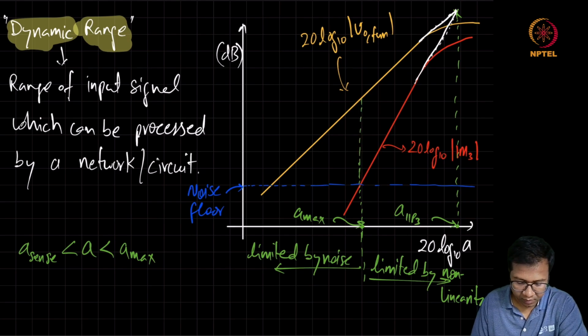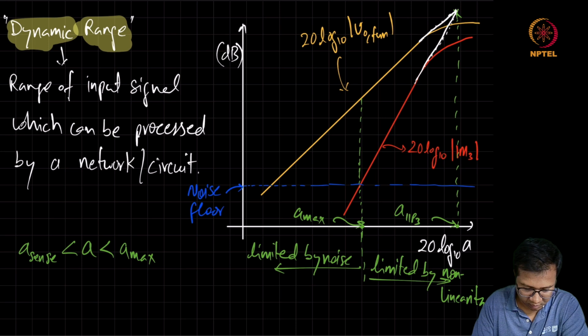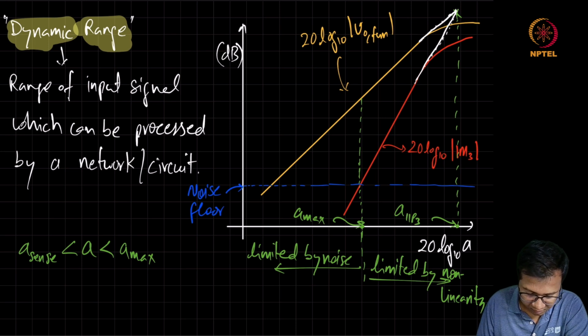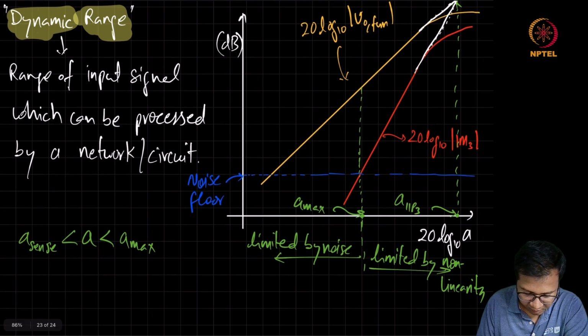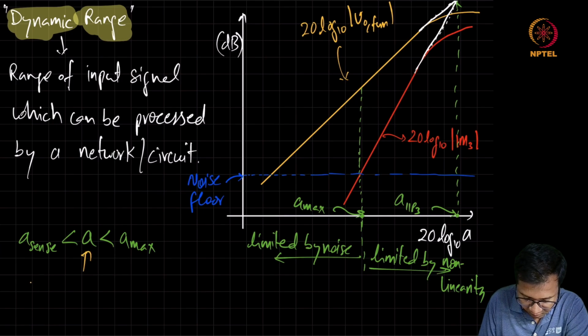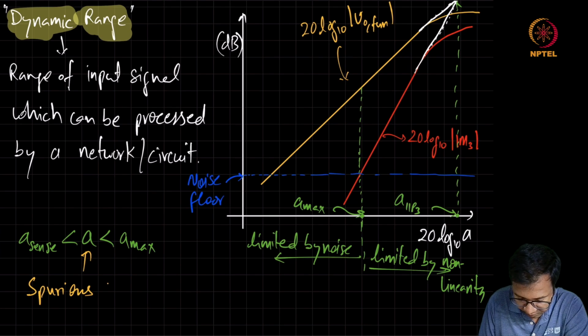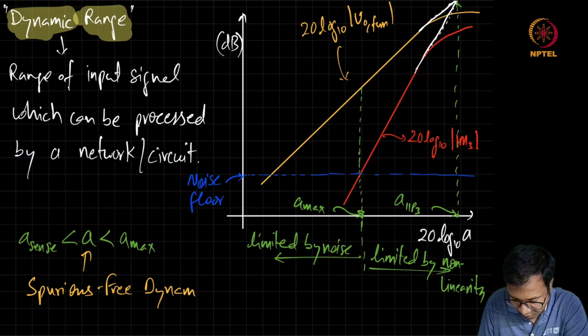So let us try to find out what is this Amax. Okay, and before that, let me define this dynamic range as spurious-free dynamic range, or SFDR.